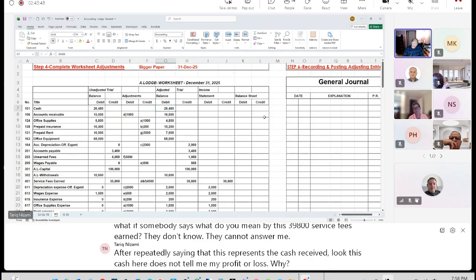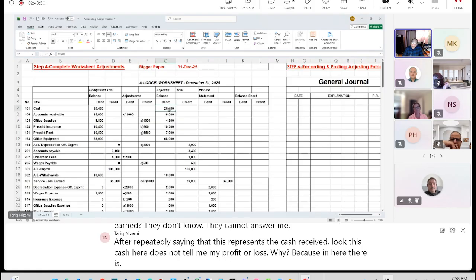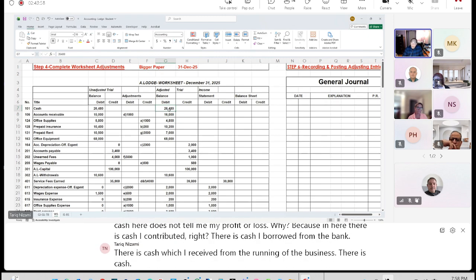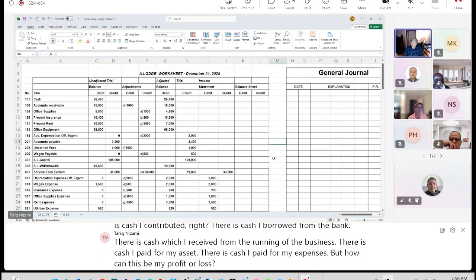Why? Because in here there is cash I contributed, cash I borrowed from the bank, cash I received from the running of the business, cash I paid for my assets, and cash I paid for my expenses. So how can this be my profit or loss?